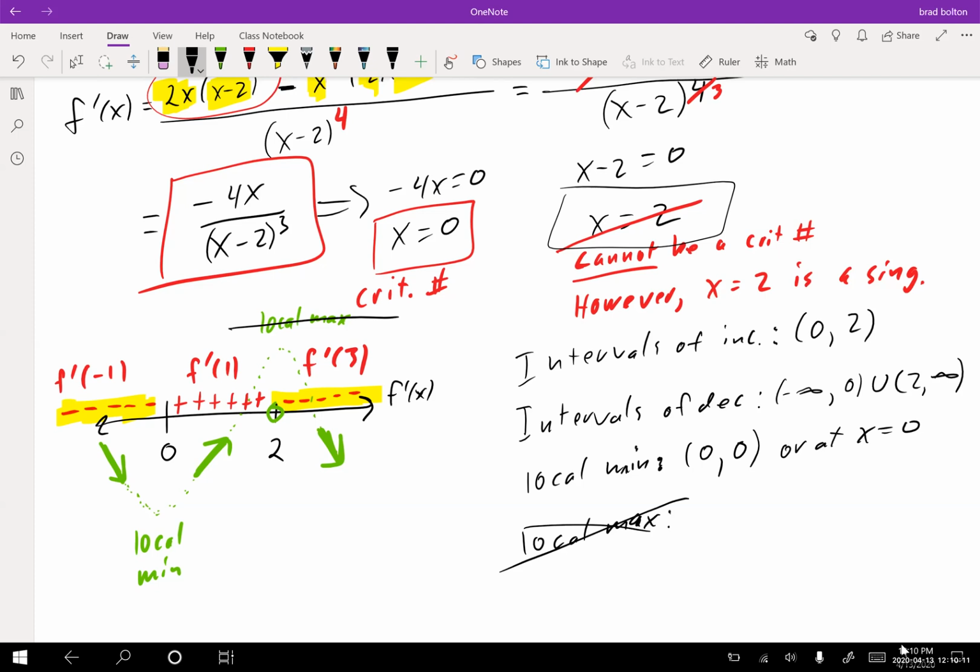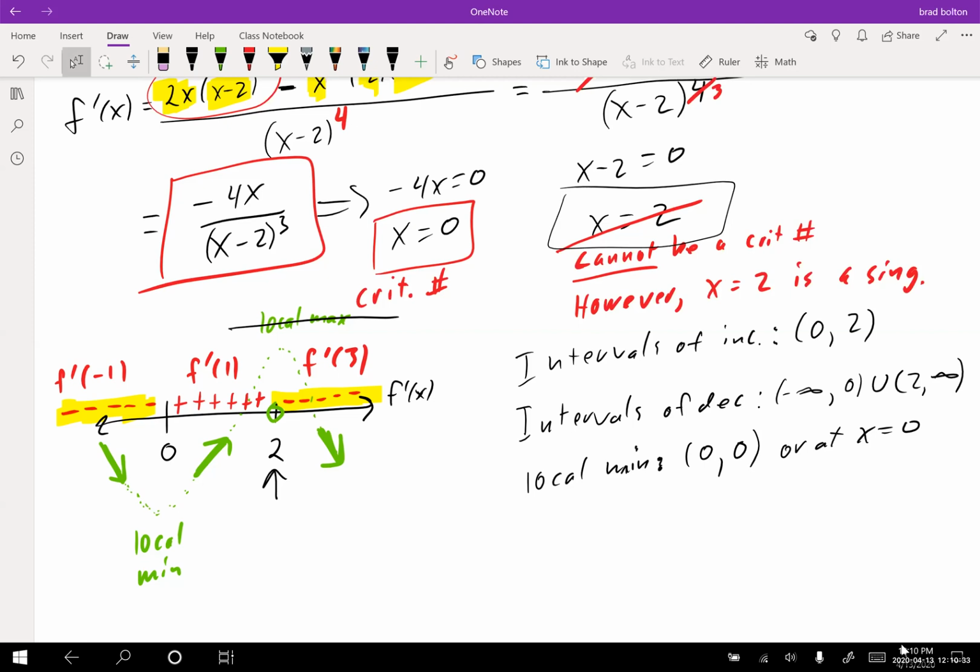And again, that's why I told you guys that some students I've seen in the past put a little open circle around 2 right here on their chart, because they want to remind themselves that it is a singularity and they can't actually touch that. So this is a pretty standard problem that you would see.